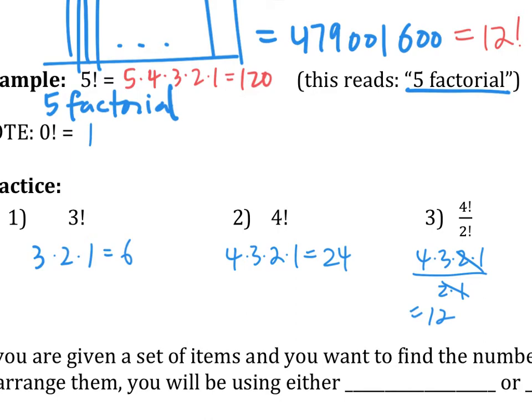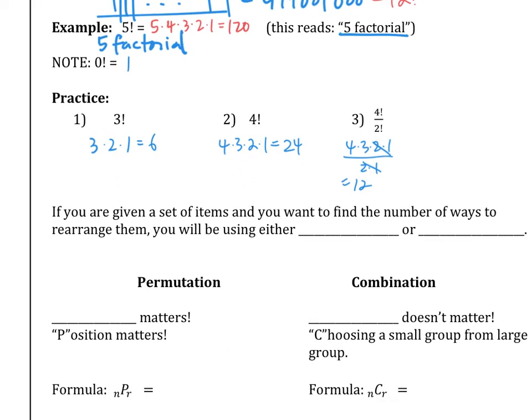The last thing we're going to do is this thing about permutation and combination, kind of a general way of figuring out how many ways we can rearrange something. So if you are given a set of items, you want to find the number of ways to rearrange them, you'll either use permutation or combination.